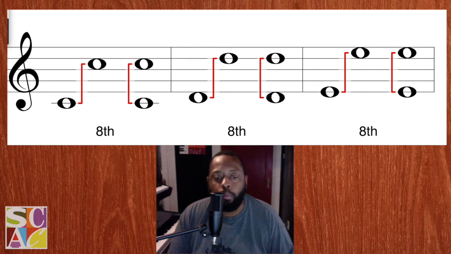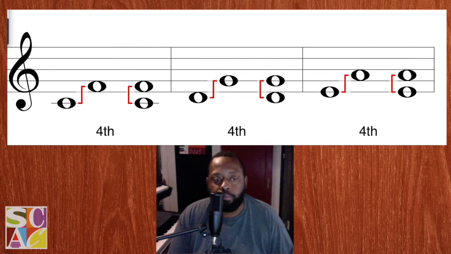Now, there's one more thing that I need to show you about intervals, especially these generic intervals. I want to show you how you get to the number. So let's just take, for example, the fourth. I want to show you how you get to this number, and this applies to every other interval that I just showed you.